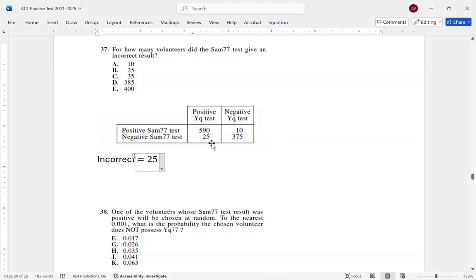The other way is if the YQ test said negative, but the SAM77 test said positive. So those are those 10 people. So the 10 people here plus the 25 people there are both an incorrect result. That means 35 people in this study had an incorrect result. So the answer to question 37 is C, 35.